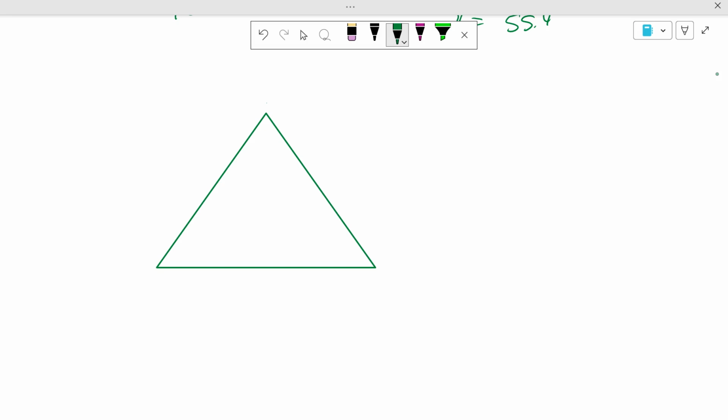Let's say this one is 37, 21, and 16. Okay. So if this is alpha, beta, and gamma, which law of cosines would I use?